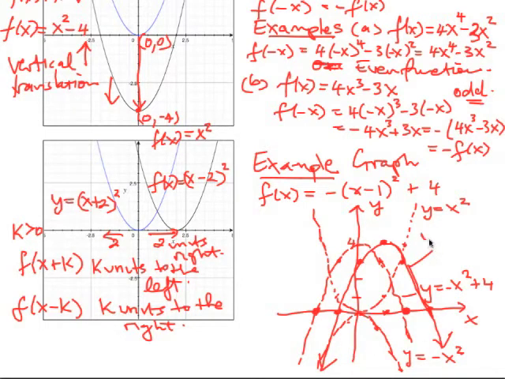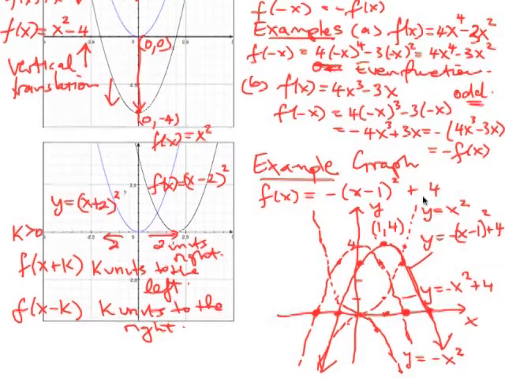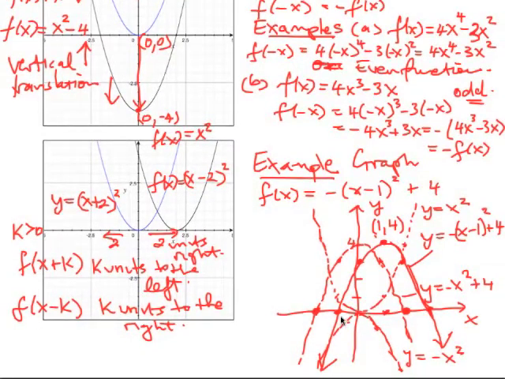And this one would be y equals negative x subtract 1 squared plus 4. So your translations here, and this point here would be 1, 4 now. Notice it's 1, 4. The opposite sign to whatever's in here gives me 1, and out here is just the regular number, which is 4, and that's 1, 4.